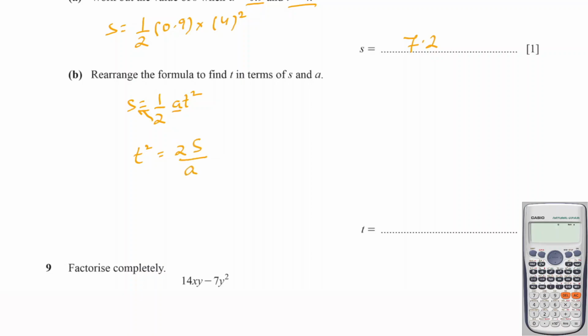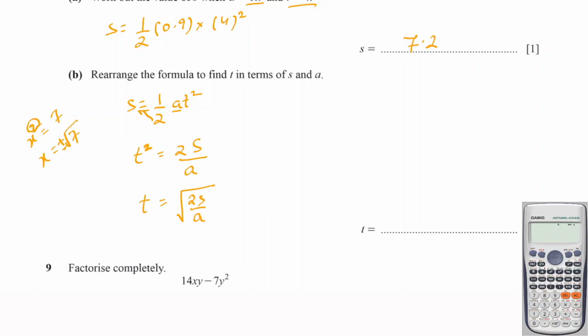It's like a cross multiply that's happening. So the value of T will be equal to, because we are removing the square, the square root of 2S by A. You just have to keep it in mind, whenever we have, let's say, x squared equals 7, whenever I'm cutting this square out and putting root, there will be a plus as well as a minus sign.